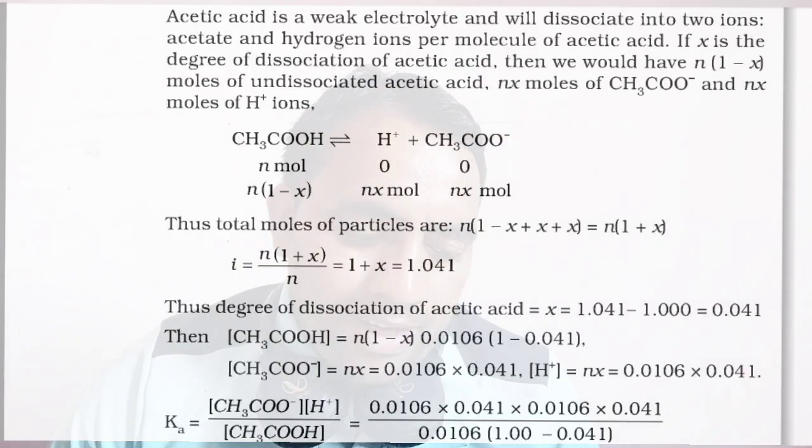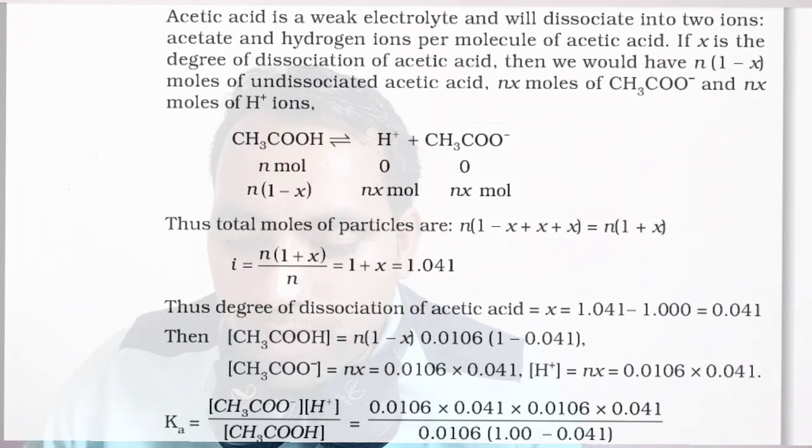Acetic acid is a weak electrolyte and will dissociate into 2 ions, acetate and hydrogen ions, per molecule of acetic acid. If X is the degree of dissociation of acetic acid, then we would have N(1 minus X) moles of undissociated acetic acid, NX moles of acetate ion and NX moles of H plus ion.